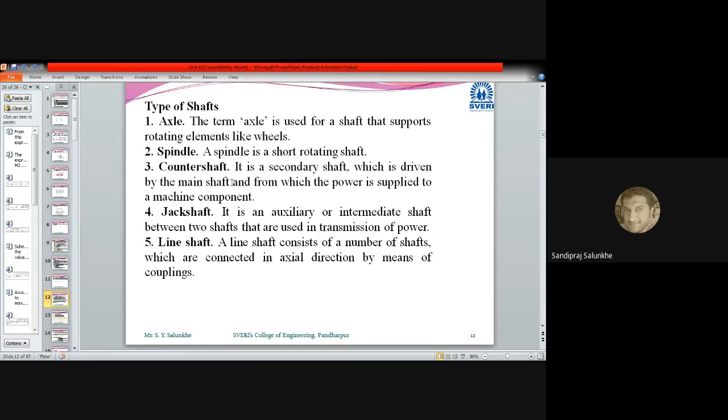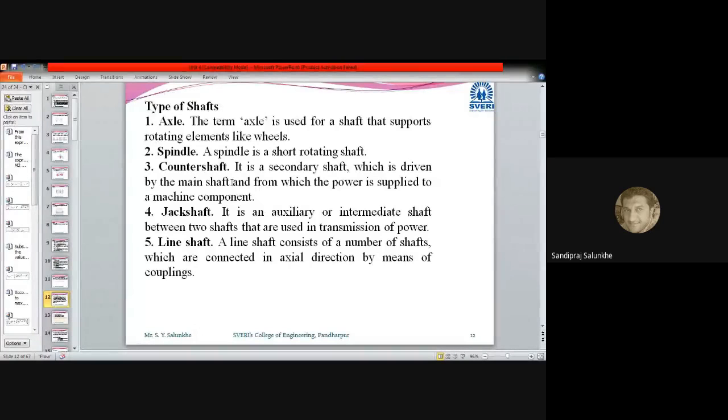Now, when we design this shaft, first of all we will see the different types of shaft. Shafts are broadly classified into five types. One is known as an axle. The axle is the shaft which supports rotating elements like wheels.